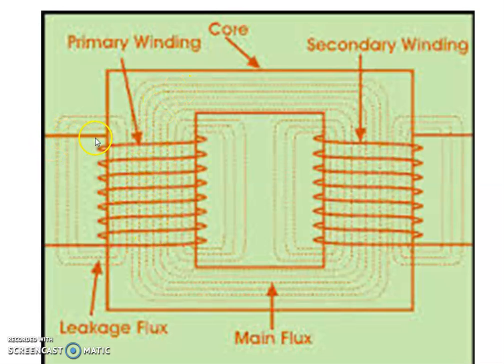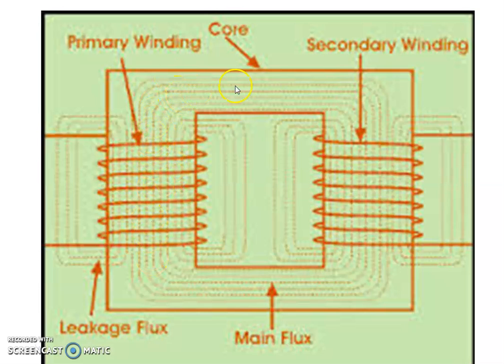Now since this is an alternating current or alternating voltage to the primary, there is a continuous change in the current, the direction of current is changed through the coil continuously, and due to that the magnetic flux lines which are produced inside the primary coil will also change.